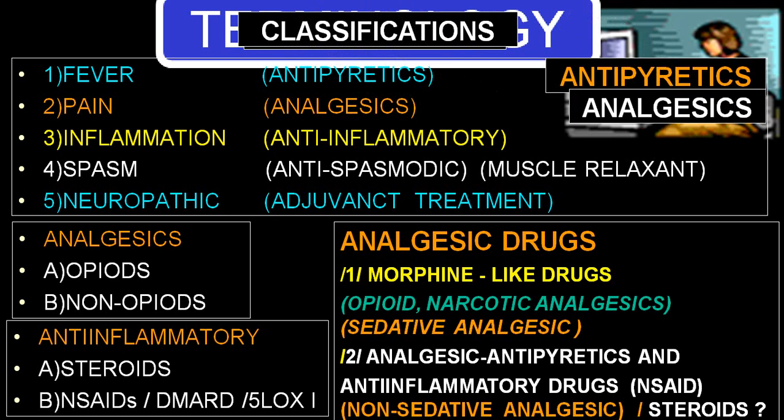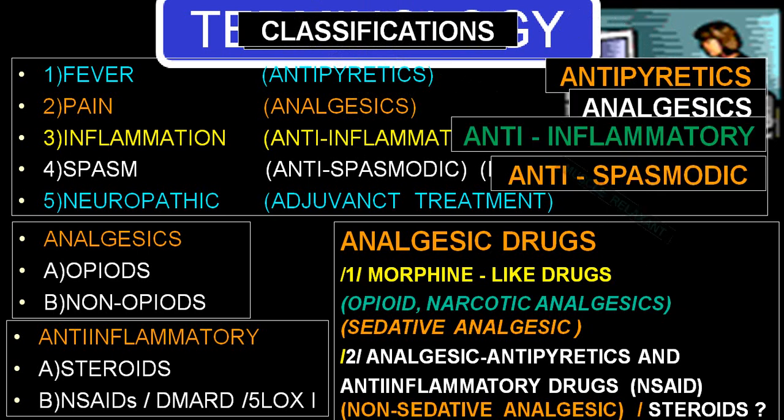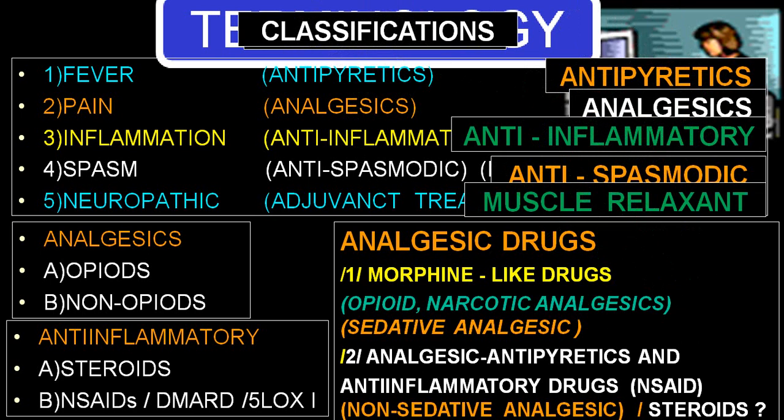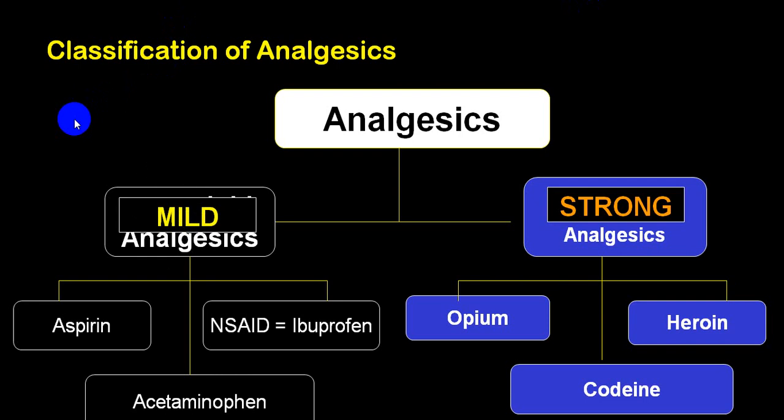So: antipyretic, analgesics, anti-inflammatory, antispasmodic, muscle relaxant, and adjuvant therapy. You can divide into strong analgesics, or we call opioid analgesics, and non-opioid analgesics we call weak or mild analgesics, which we basically divide into three groups: aspirin, paracetamol, and non-steroidal anti-inflammatory drugs.